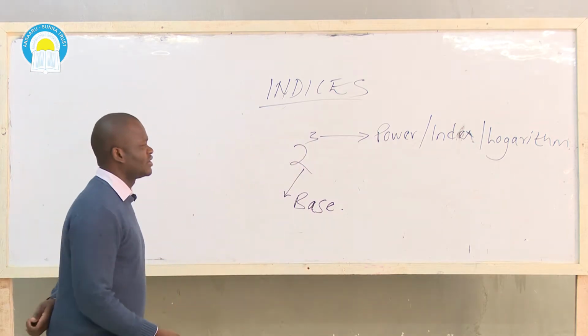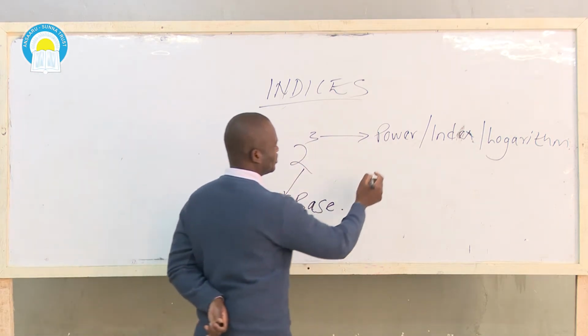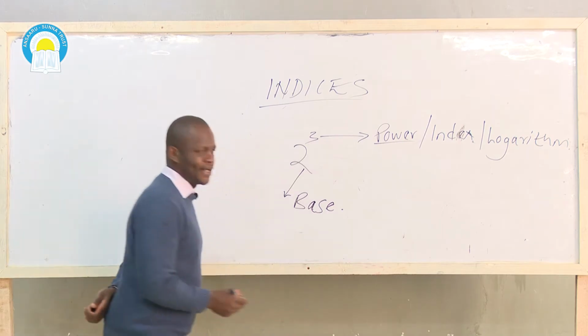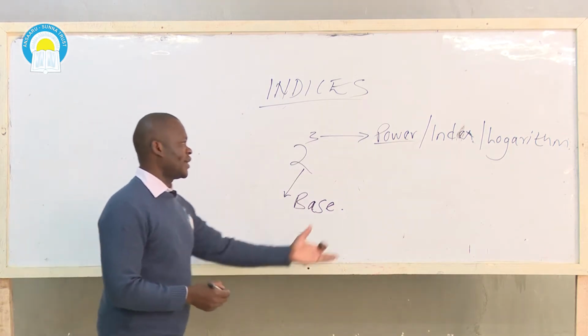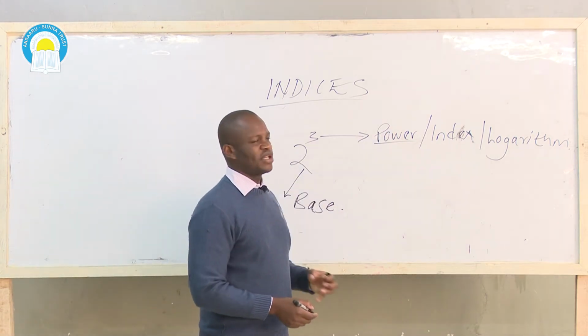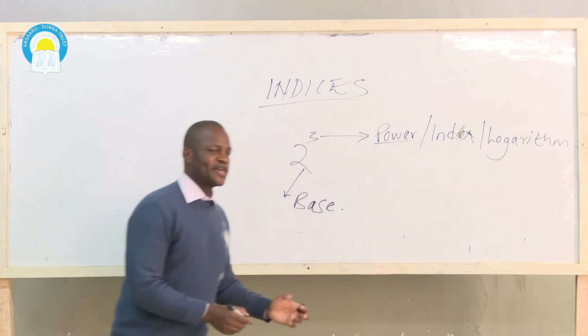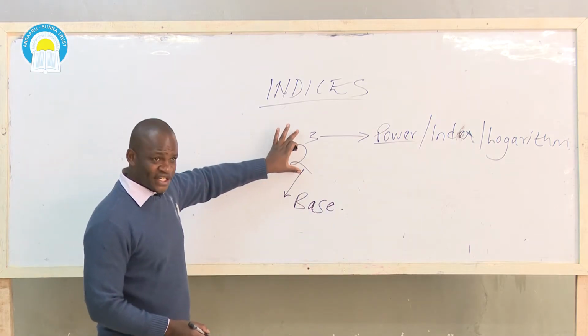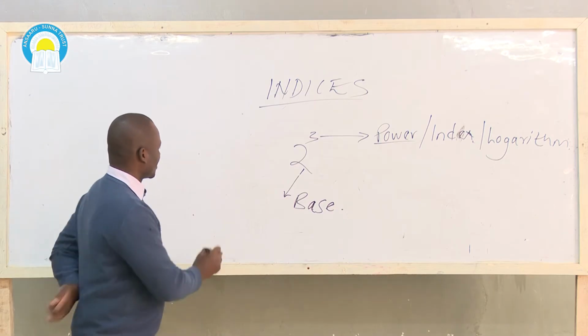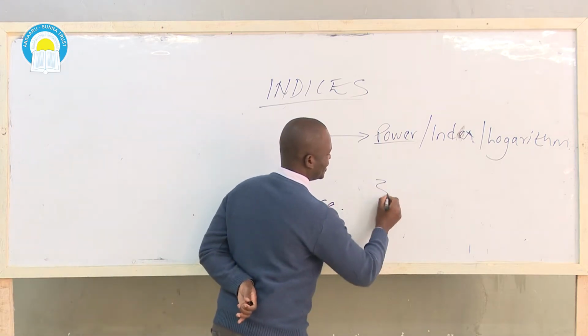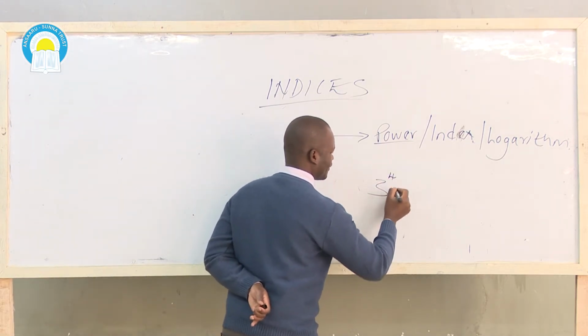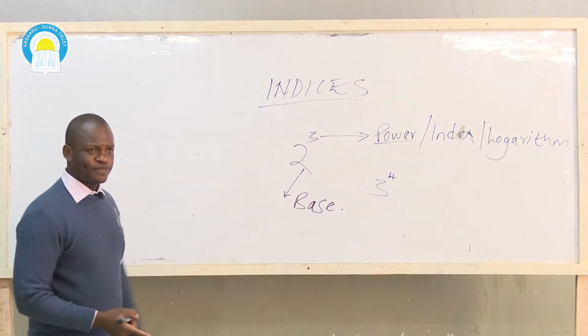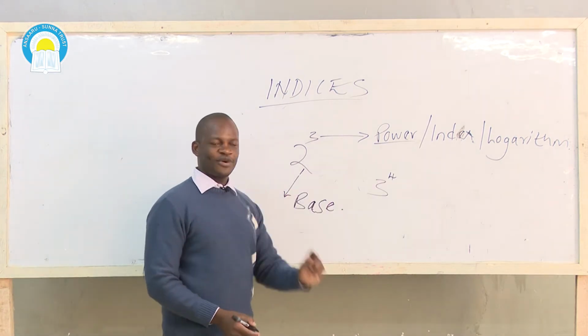Let me just mention something brief about the term power. The term power will just be used to make our work easy in terms of being able to read these numbers. For example, if I have 3 there, then 4 there, how do you read this? 3 power 4.